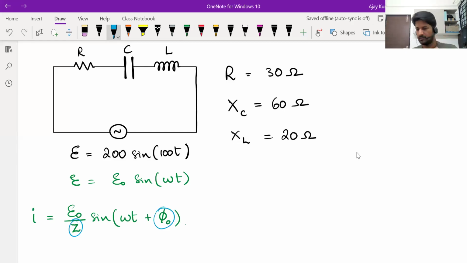Okay, Rishi, keep this in mind. To calculate these, we can use the impedance triangle, or if you remember the formula, you use the formula directly. Can you tell me the formula for Z in terms of XC, XL, and R? Anyone?